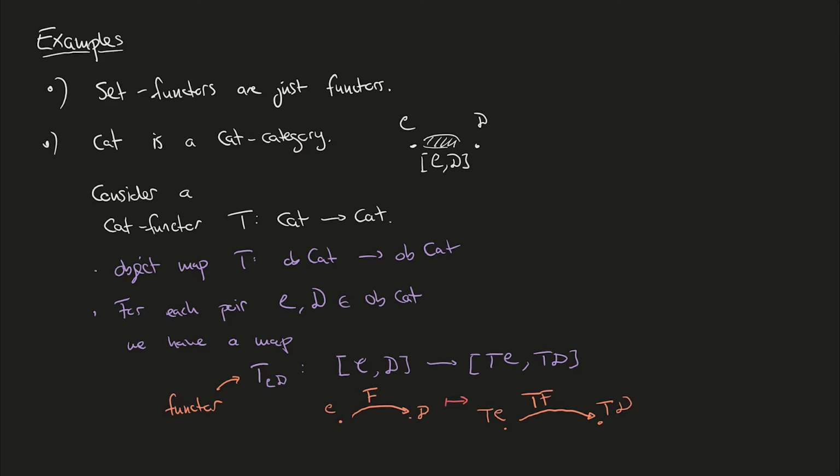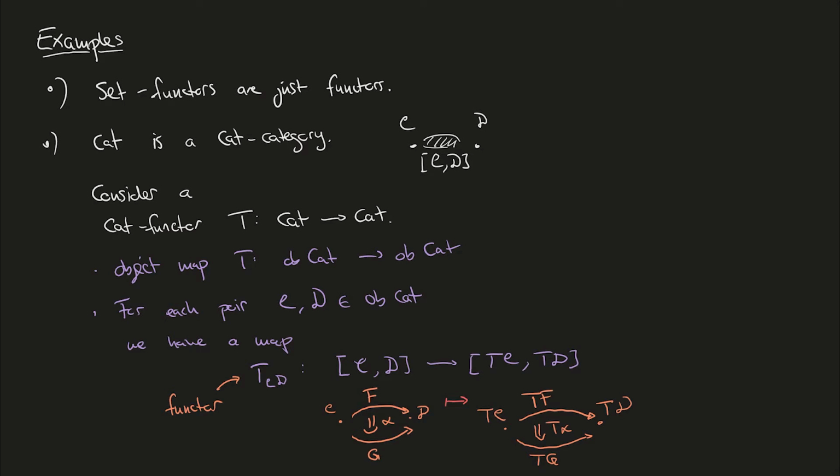However, we also need to specify how the functor acts on morphisms in the functor category. And such a morphism is a natural transformation, alpha, between a functor f and a functor g. So this has to be mapped to another natural transformation, which I'll call T alpha, going between Tf and Tg in the functor category TCTD.